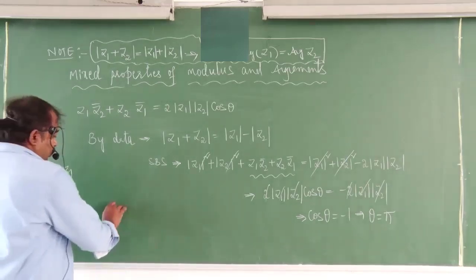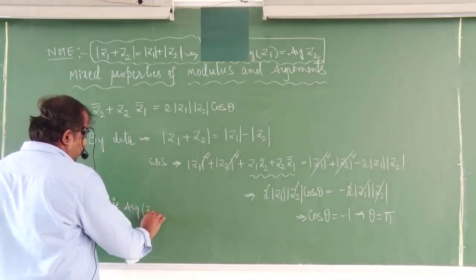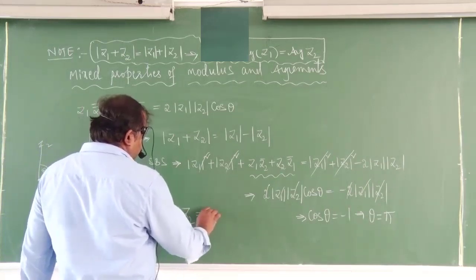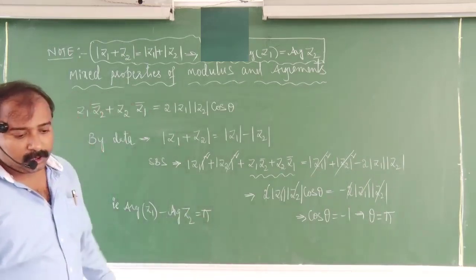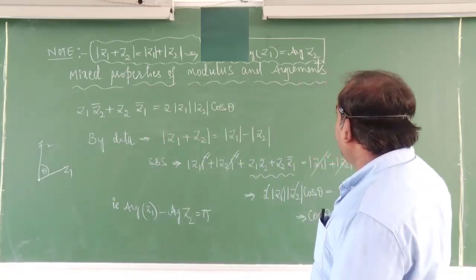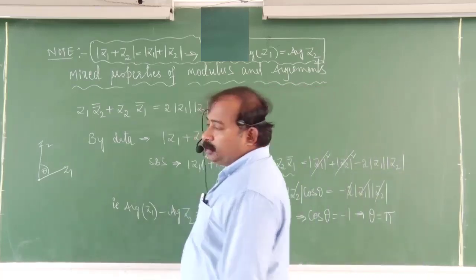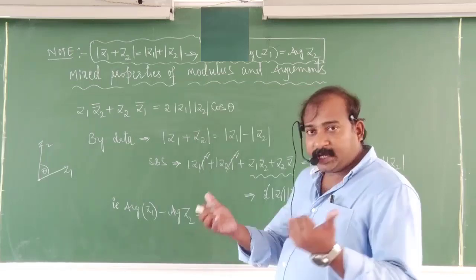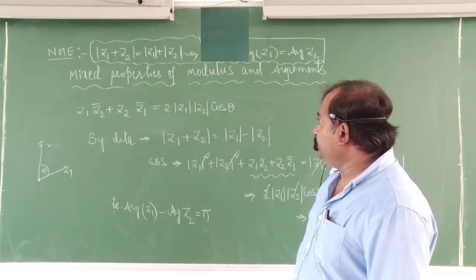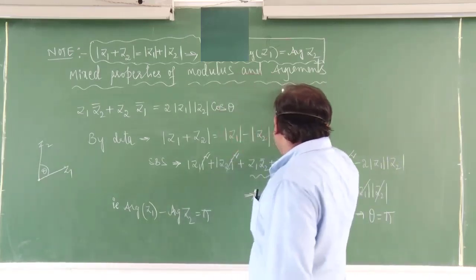That is, we got argument of z1 minus argument of z2 equals pi. So in the previous one, argument of z1 equals argument of z2 we got, but in this case argument of z1 minus argument of z2 equals pi. Means quite opposite directions. Okay, so this is the value. So here we have to understand 2 points.